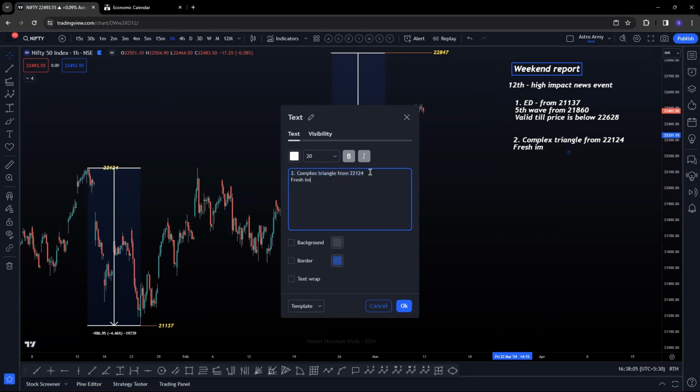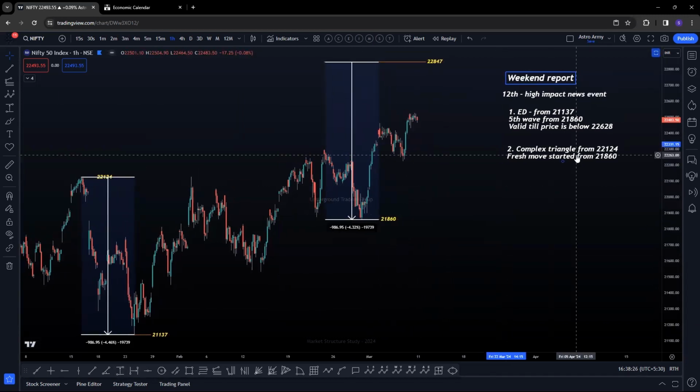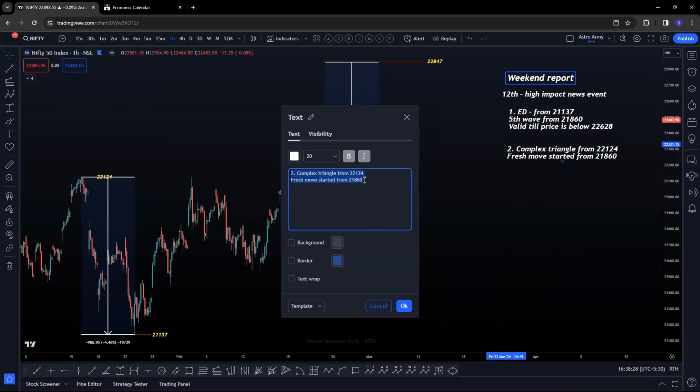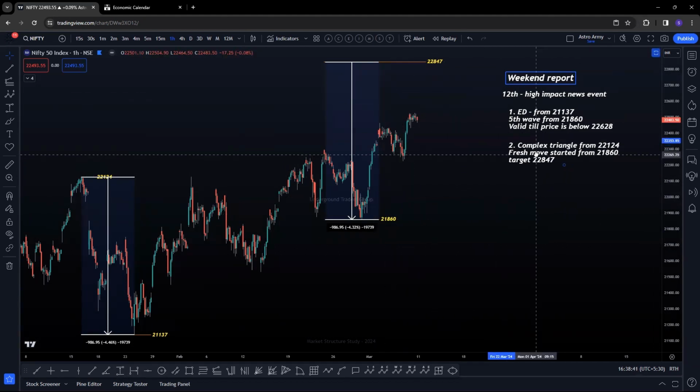Fresh impulse, or you can take fresh move, started from the 21,860 level. Okay. So fresh move started from 21,860 level with what? Target as 22,847. Okay. Second setup. This is a second possibility.